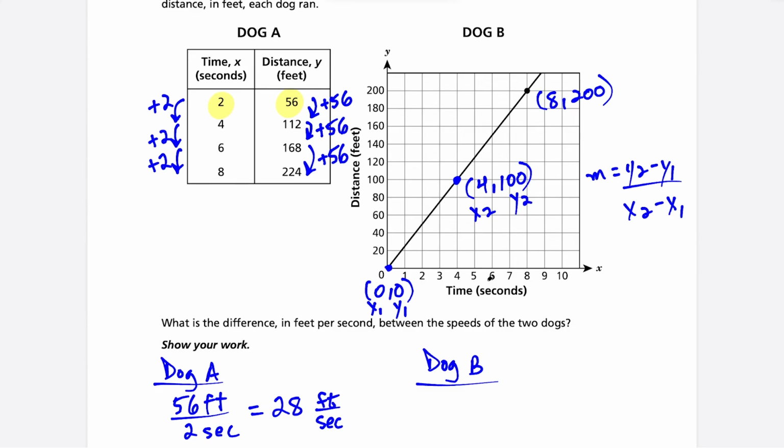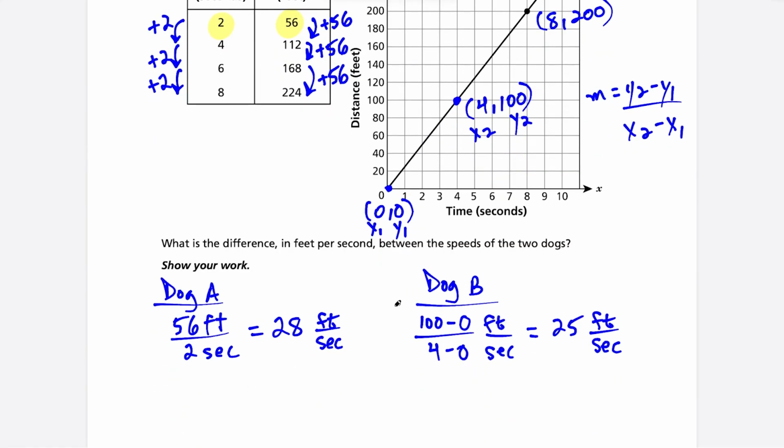So for dog B, we do 100 minus 0, y2 minus y1, over x2 minus x1. The units for the y values is feet, and for the x that we're subtracting on the bottom, the units is seconds. And 100 divided by 4 is 25. So dog B is running at a speed of 25 feet per second.